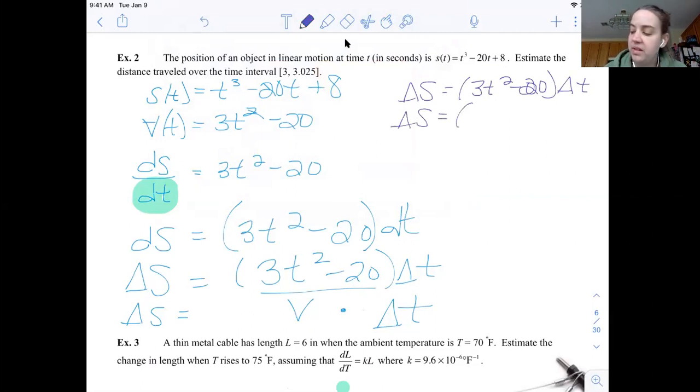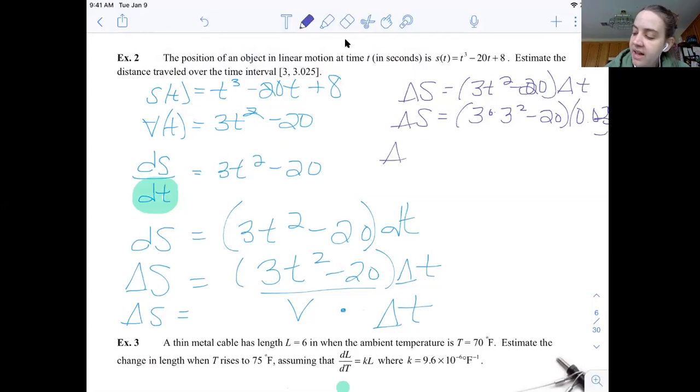So we put 3 in place of the t. 3 times t squared, which is 3 times 3 squared, minus 20. Delta t is the change in the time, how much time elapsed. Well, it's not 3.025, but it's 3.025 minus 3. So it's 0.025. Ran out of space.